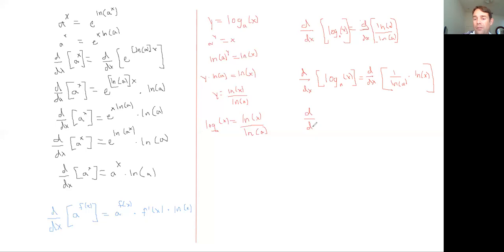So if I wanted to find the derivative then of the log base a of x, that'd be the same thing as 1 over the natural log of a times 1 over x. There's your derivative.